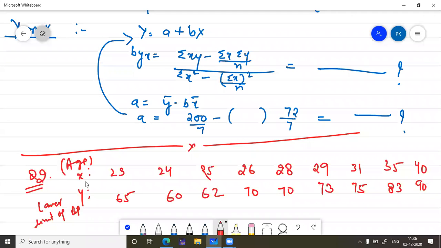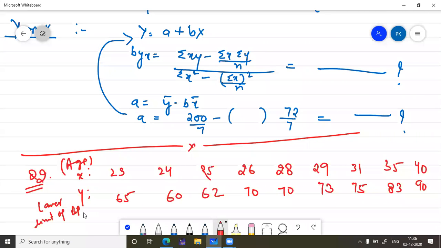Assuming age as X and BP as Y, calculate the two regression equations and also estimate the BP if the age of the patient is 38 years.